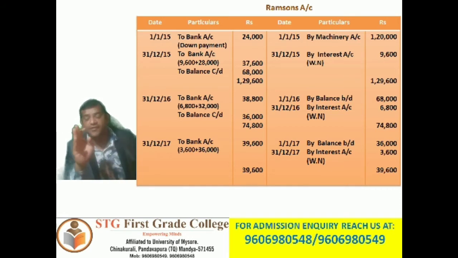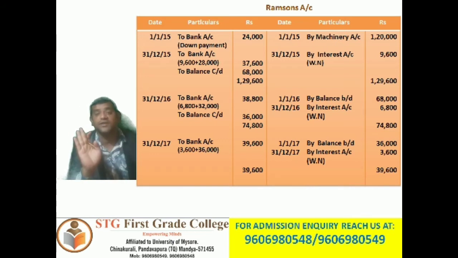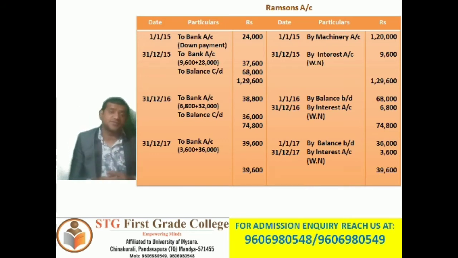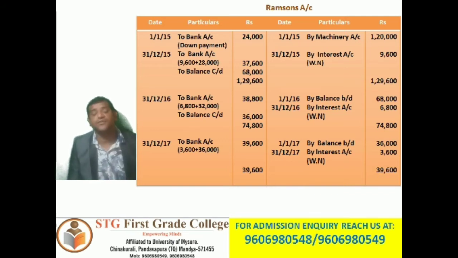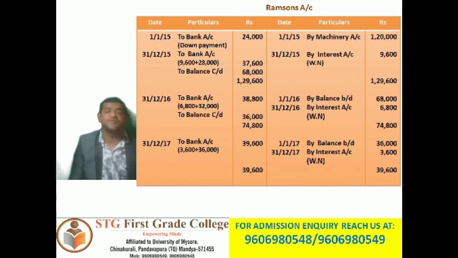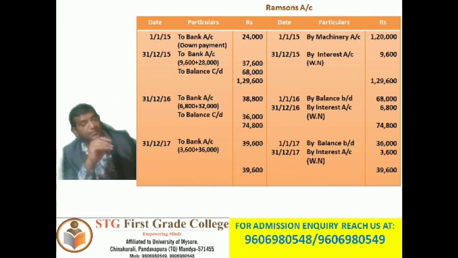31/12/2016 by interest account 6,800 working note in bracket, and here 31/12/2016 to bank account, that is the total second year installment is 38,800. To balance carried down 36,000, so that comes to 74,800 both the side.